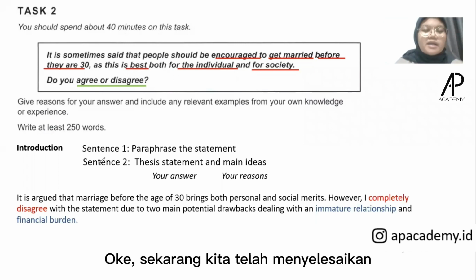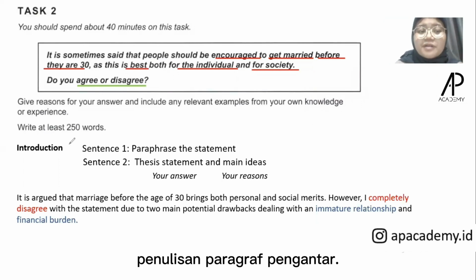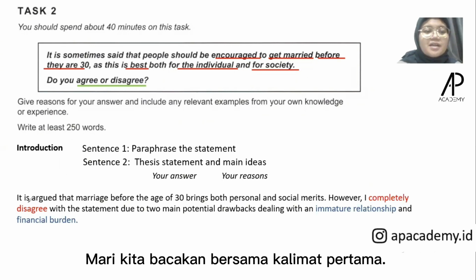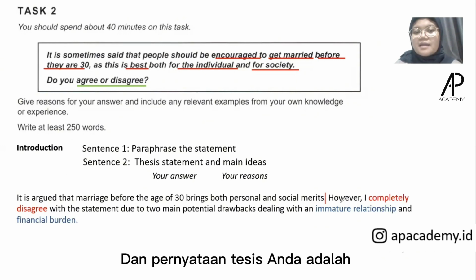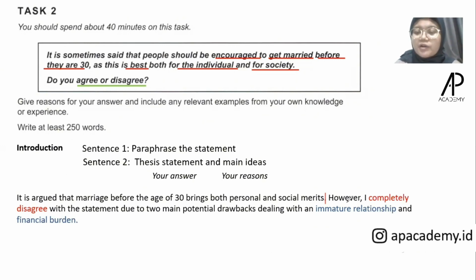Okay, so now we have finished writing an introduction paragraph. Let's read together. Sentence 1. It is argued that marriage before the age of 30 brings both personal and social merits. And then your thesis statement is, however, I completely disagree with this statement.